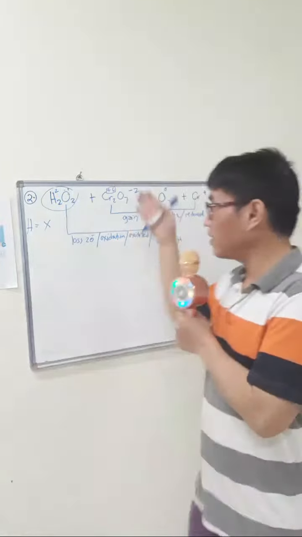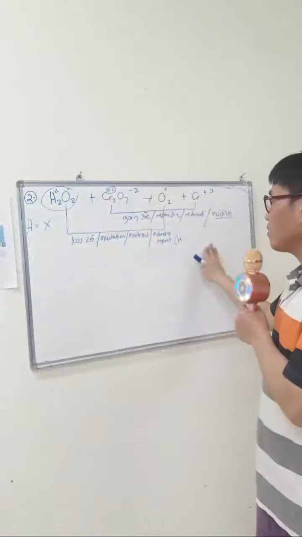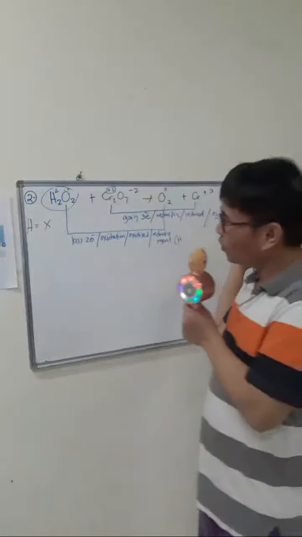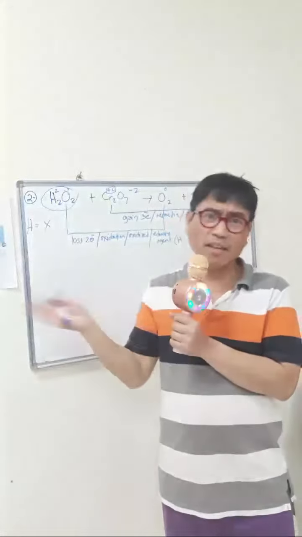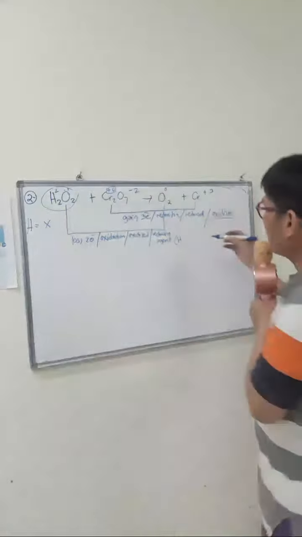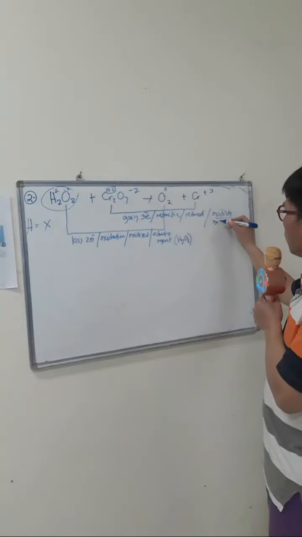Then we are just still in the original reaction. So the hydrogen peroxide is the reducing agent, and the oxidizing agent is the dichromate. If we do that in the half reaction, it becomes one element, because it's being split in half. Get the point? H2O2 is the reducing agent and the oxidizing agent is dichromate.